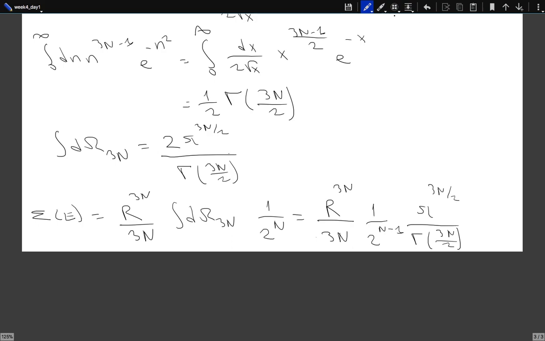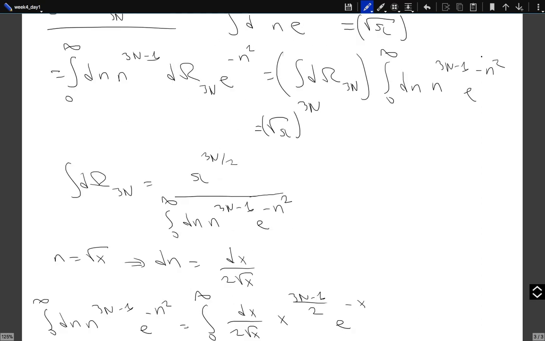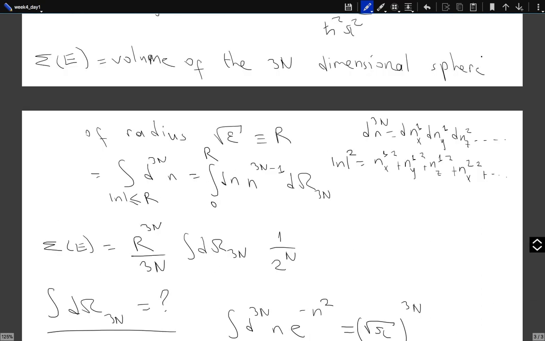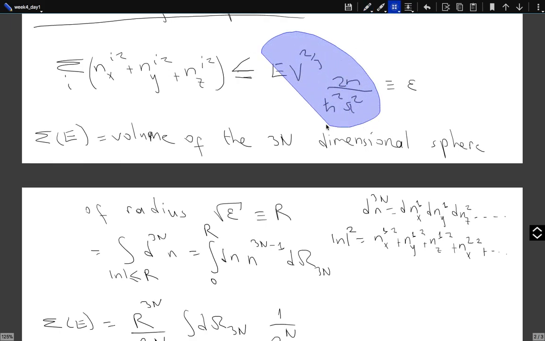Or let me not write it that way. Now let me also substitute what R was. This is R squared.